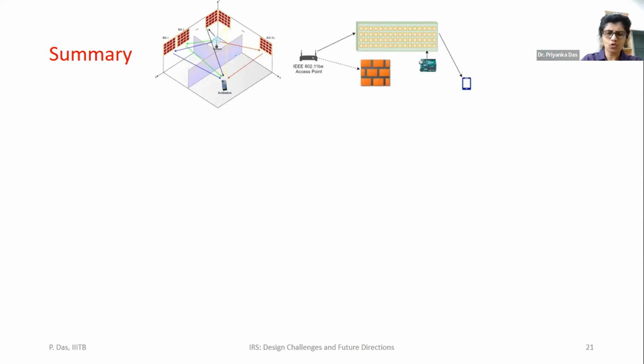So can we have low cost schemes by using IRS? There will be an access point, an IRS, and a controller, and the burden mostly will lie on the controller. How do you optimally switch your IRS phases to get the benefit out of it?